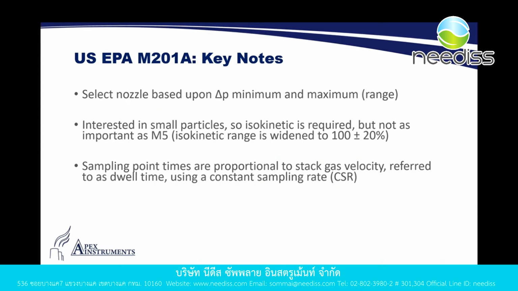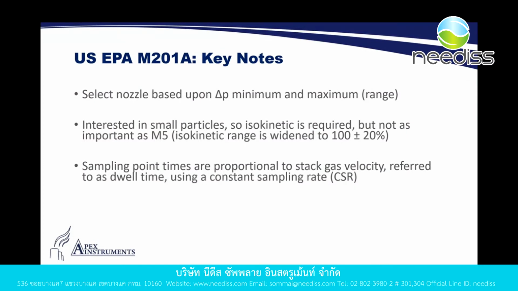Also, another point is if you're interested in the small particles, isokinetic sampling, just like Method 5, is required. However, it's not as important as it is in Method 5. Method 5 states that your isokinetic range must be plus or minus 10% of 100% isokinetic to be considered a valid test.